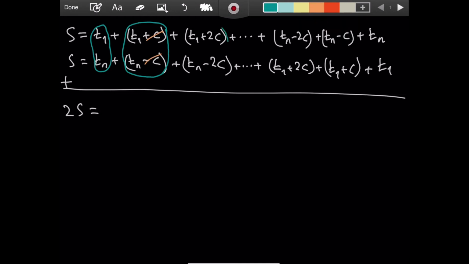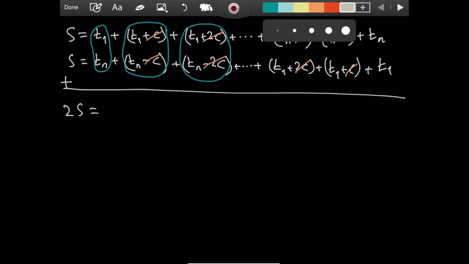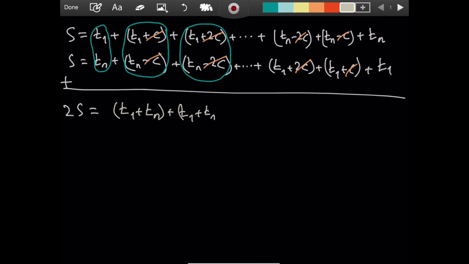And that is the case for other terms as well. Look at this. 2c's cancel this time. And here, that is also the case. So we will have t1 plus tn from the first two terms. Also, we will have it from the other terms, t1 plus tn. And in fact, this is all we will have.